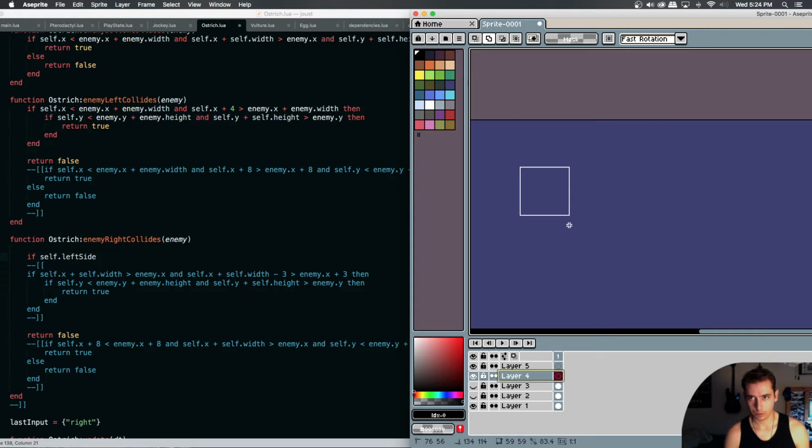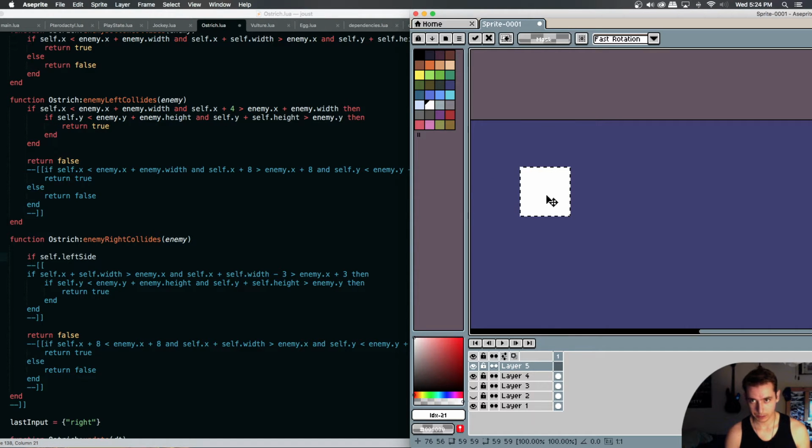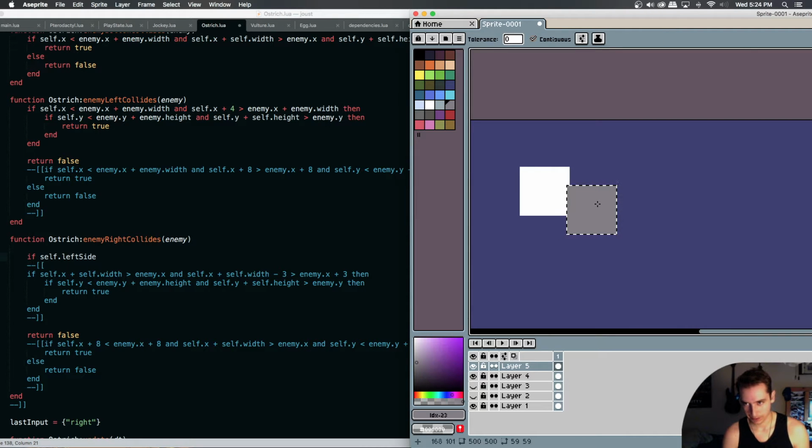Marquee tool, we're giving ourselves a box, and then we're copying that box, giving ourselves another box, and put that box in a bigger box and smash that box with a hammer.